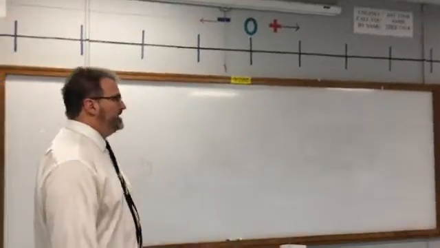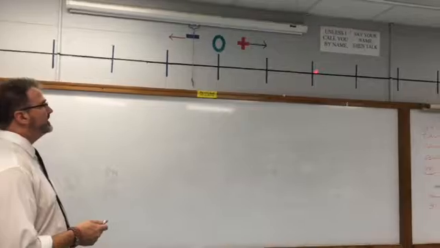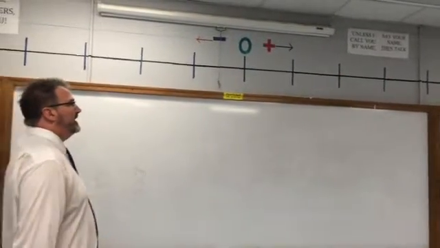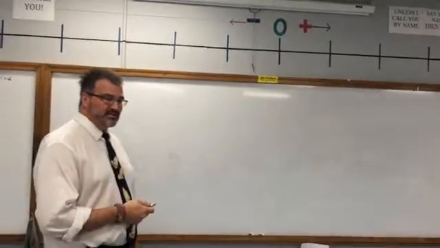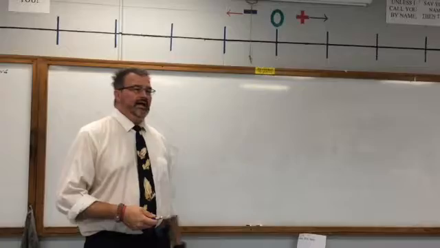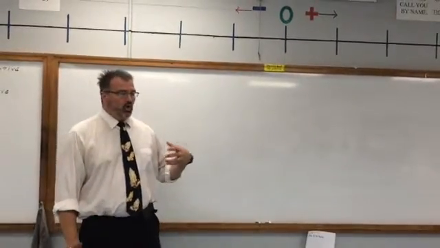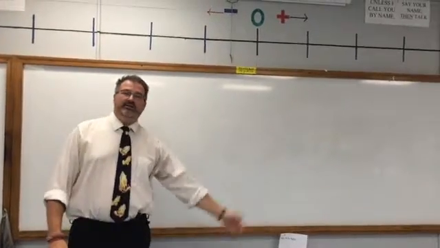As you know, when you're adding on a number line, you move to the right. Subtraction takes you to the left. Positive is right, negative is to the left. We can use that to determine why adding a negative can be done a different way.